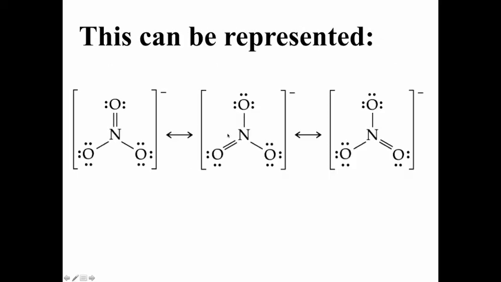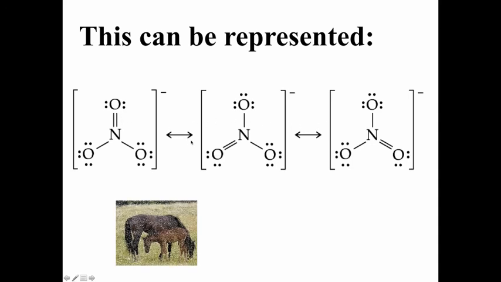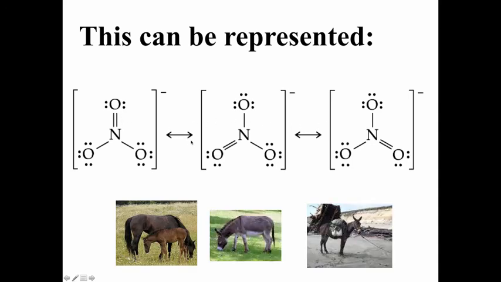And so we can represent it in this manner, where we show each of the possible resonance structures, so double bond here, or double bond there, or double bond there. And remember, it's not fluctuating between these. It's an average of them. It's not changing between a horse and mule. It's a donkey the whole time.